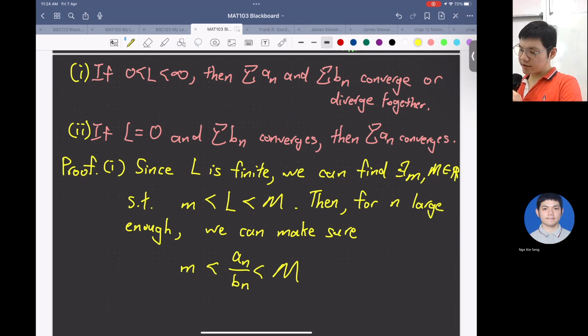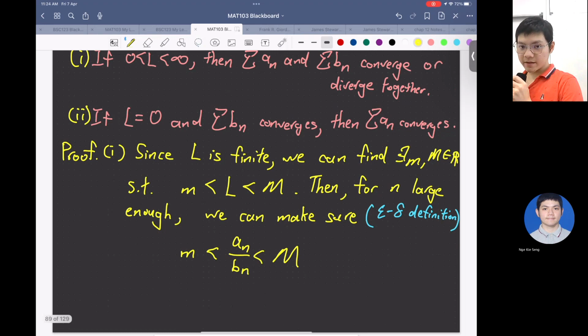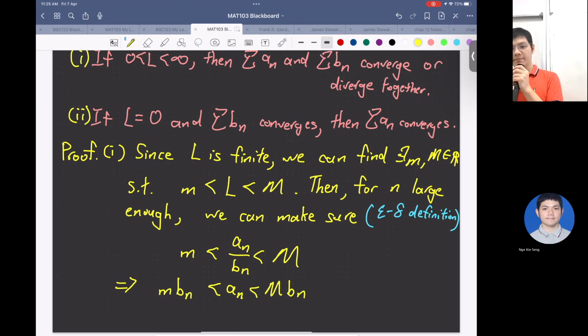If you want to go into details, you can use the epsilon delta definition. So with this result, we can show that an is bounded above by capital M times bn and bounded below by little m times bn.